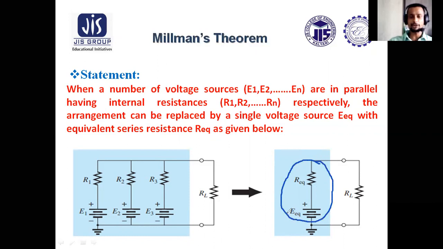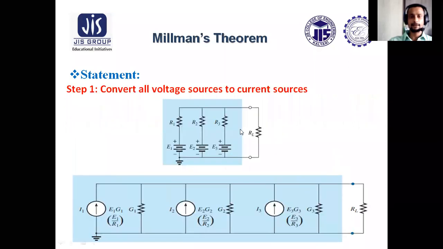What the magnitude of the voltage source and series resistance should be, we'll be discussing in the next slides. So how to get the equivalent voltage source, that is VEQ or EEQ, and the equivalent resistance of the network, that is REQ.